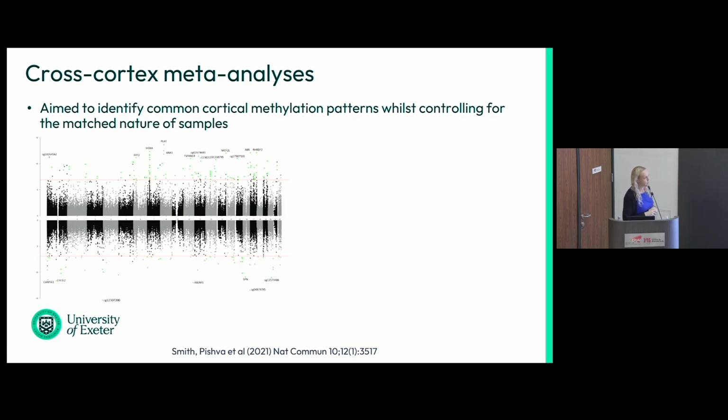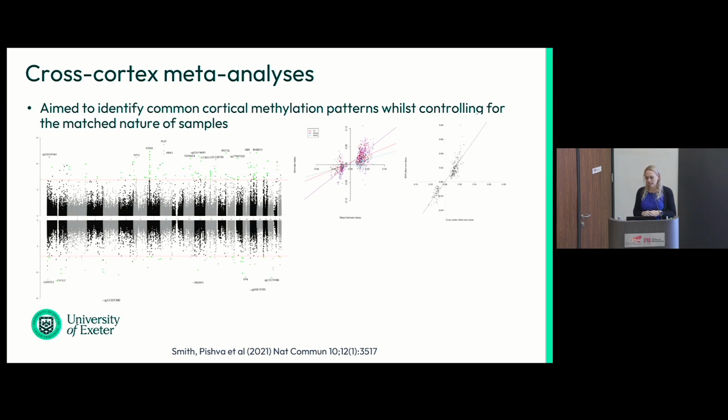This is a Miami plot, showing increased DNA methylation above the x-axis and decreased DNA methylation below it. What we identified was 220 genome-wide significant loci. The majority of these were hypermethylated, and only a small number were hypomethylated. There was a significant enrichment for hypermethylation.